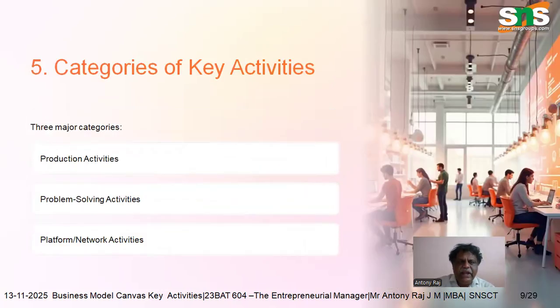Now let us understand the categories of key activities. There are three major categories: production activities, problem solving activities, and platform network activities. Any major key activities in any organization can be grouped under these three categories.